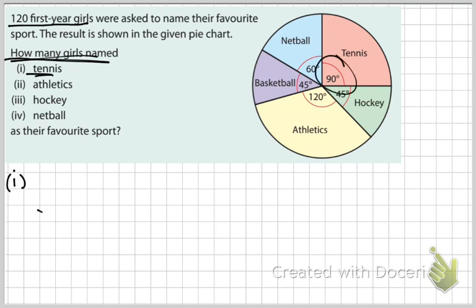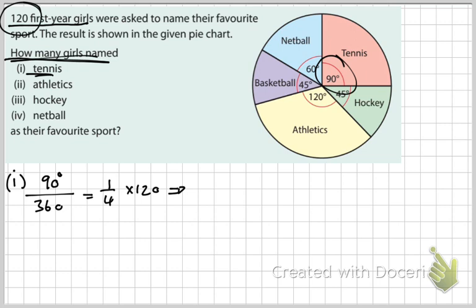Tennis is taking up 90 degrees of that circle. So that is 90 out of 360, which is 1/4. So 1/4 is taken up by tennis, and that's 1/4 out of 120. So I'll multiply it by 120 because that's the amount of girls.